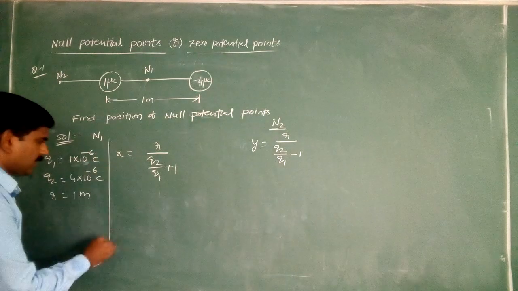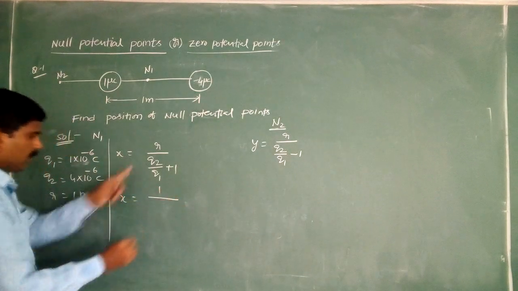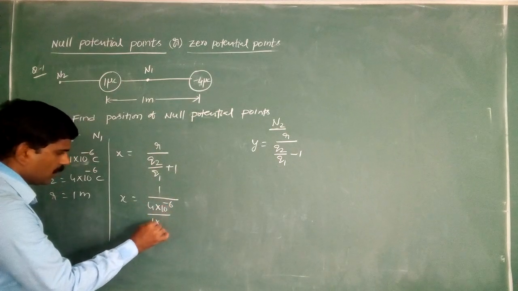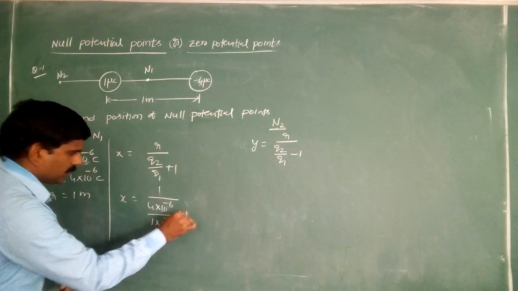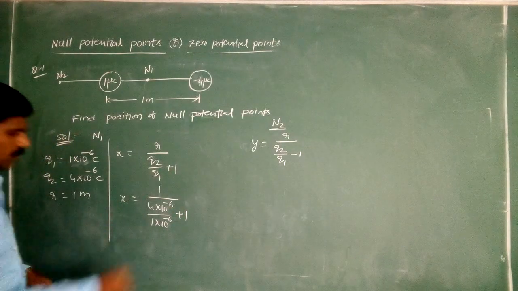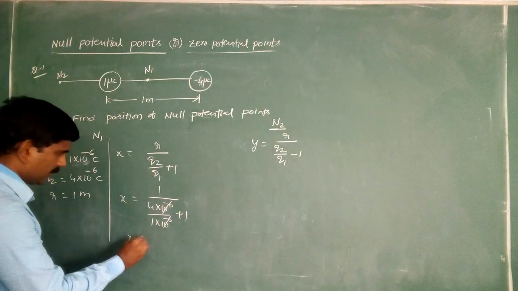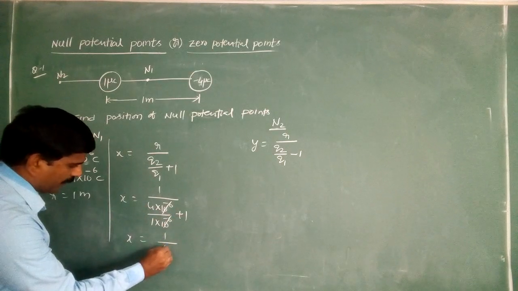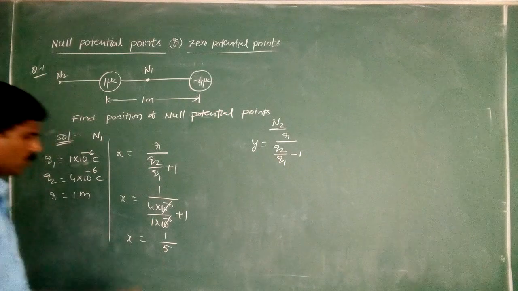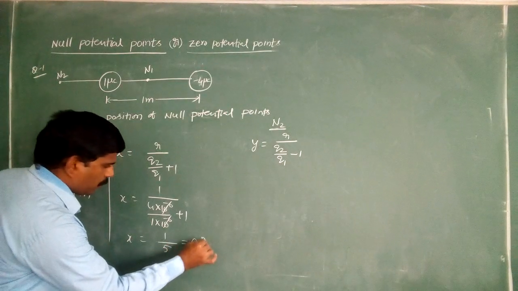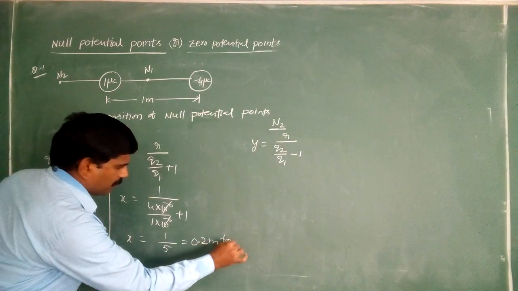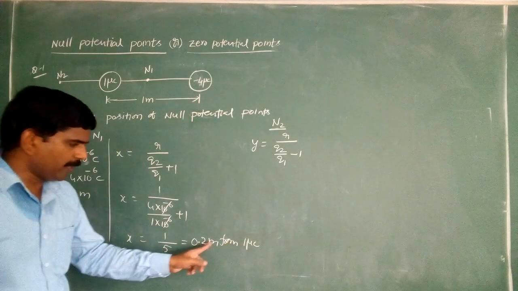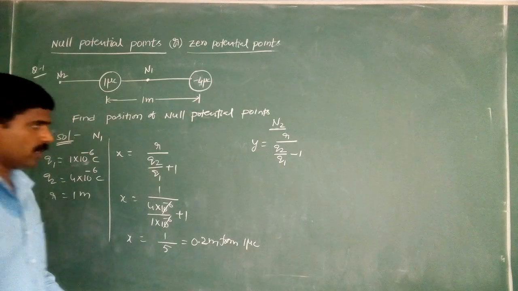Therefore x is equal to 1 by (4 into 10 to the power minus 6 by 1 into 10 to the power minus 6 plus 1). These cancel, so x is 1 by 4 plus 1, that is 1 by 5, equal to 0.2 meters from the 1 microcoulomb charge.